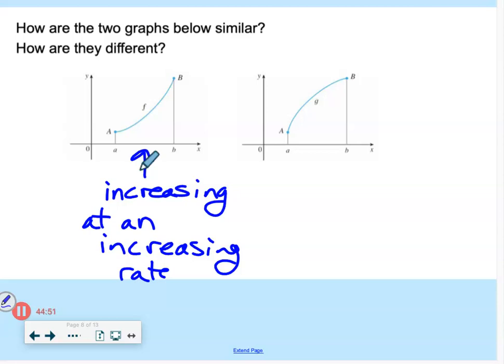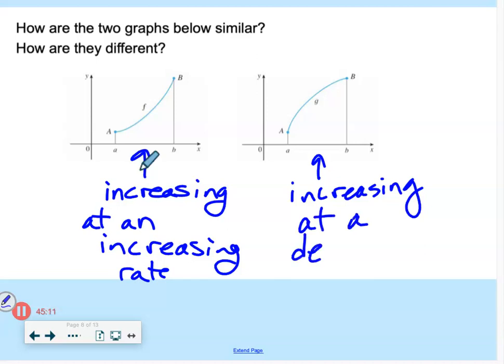Here, this graph is increasing, right? It's going up from left to right. But what's going on with the slopes? They're decreasing, right? So this graph is increasing at a decreasing rate. So it's increasing, but it's increasing slower, right?